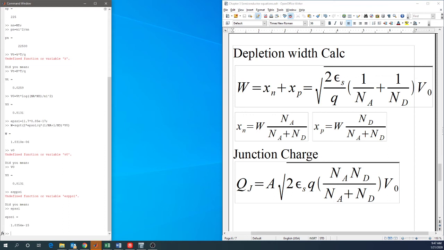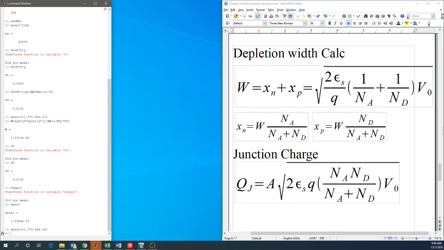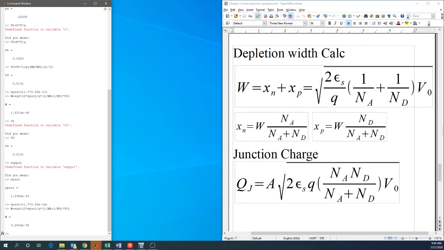And so I put in something wrong for this. Let's go back to the books. 11.7 times 8.85 times 10 to the negative 14. So that would make a difference. So now I've got really what they've got, which is really good. 0.325 microns. Okay, or 327.